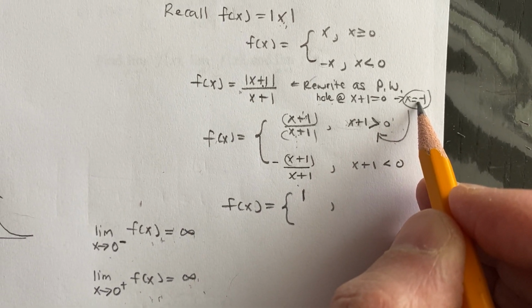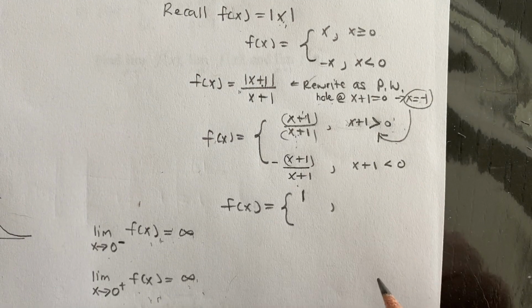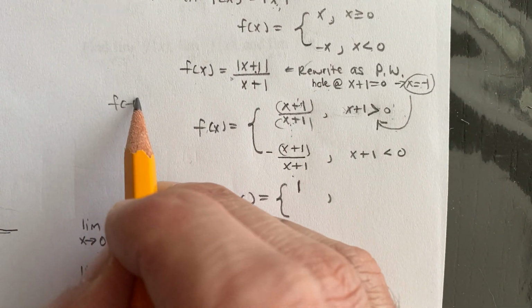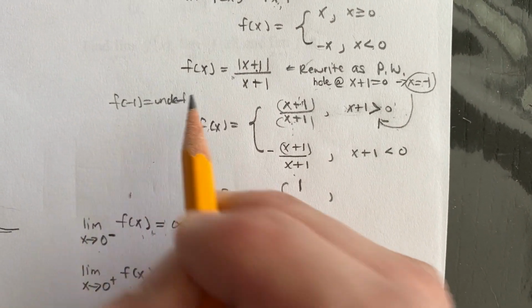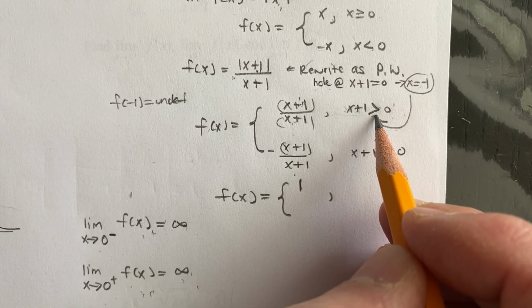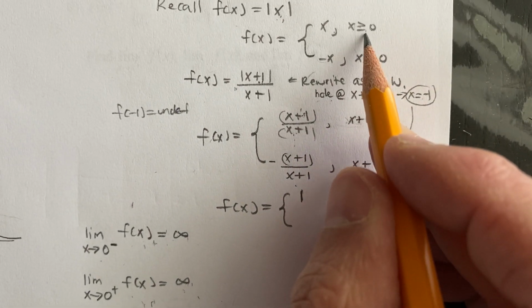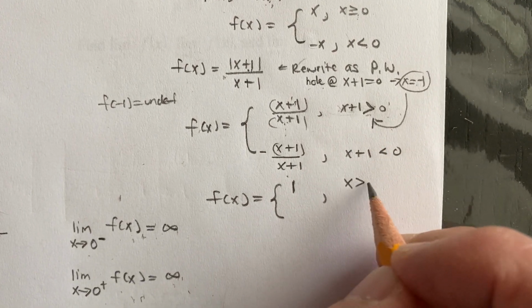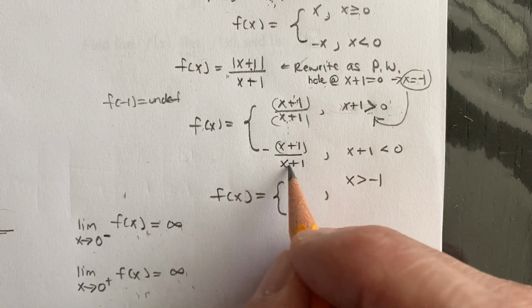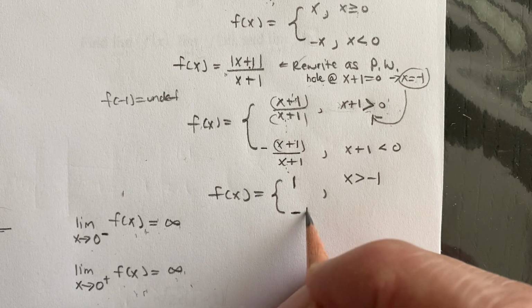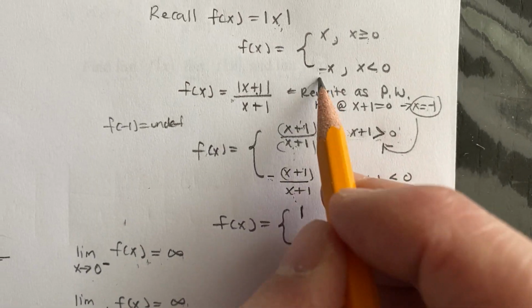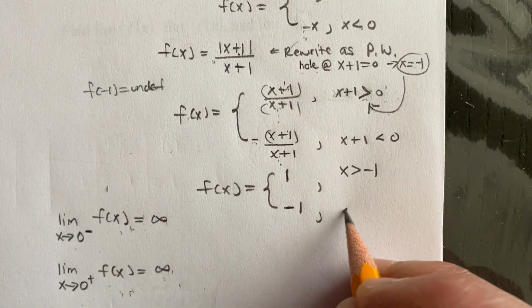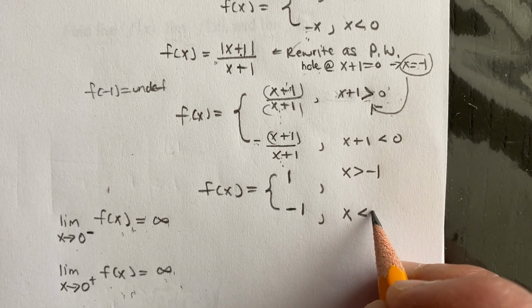Remember, if I plug in f of negative 1 right now, you would say undefined. f of negative 1 is equal to undefined. And so you can't have an equal sign there, even though the original equal sign was from the definition of absolute value, okay? So if you solve for this, x is greater than negative 1. This cancels out, also equal to negative 1. Remember, there's a negative here. That's from the definition. And this is x is less than negative 1.